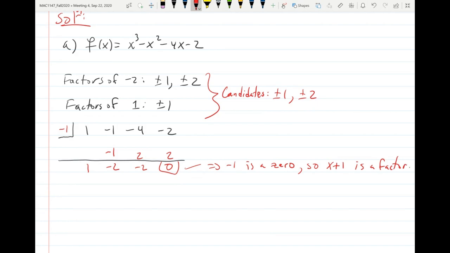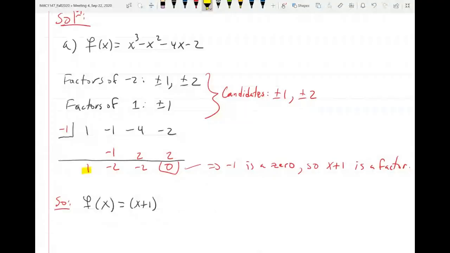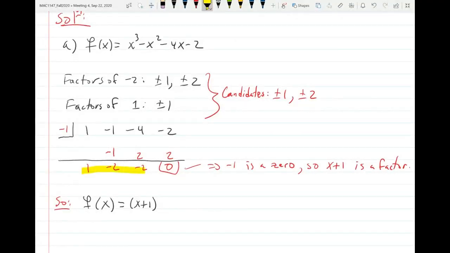Remember, that's the factor theorem. So now we factor the polynomial. That means that the polynomial f of x, we can write as x plus 1 times something else. What is that something else? This guy right here is the quotient. So that would be x squared minus 2x minus 2. Everybody okay with this?